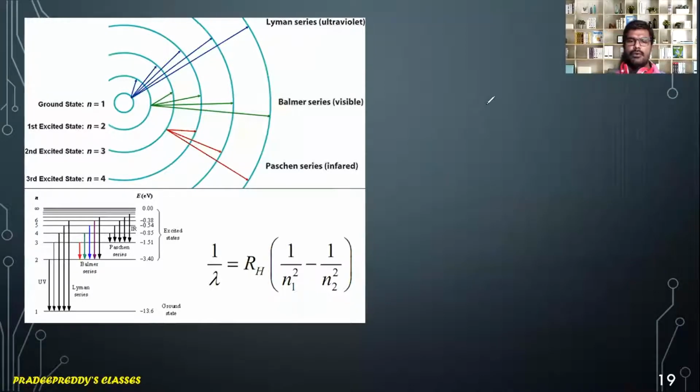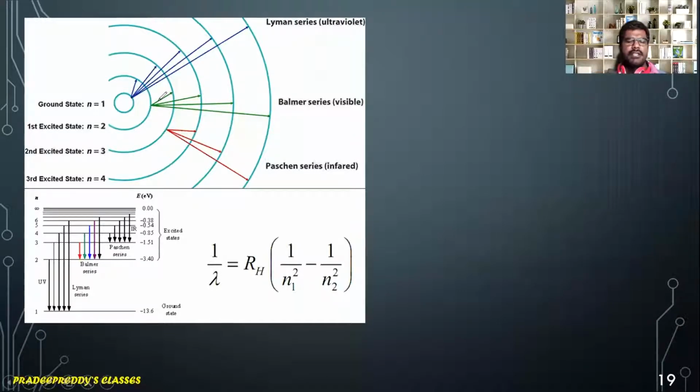So as I already told you, whenever an electron is undergoing a transition from a higher energy level to a lower energy level, it can undergo transition in such a way from n equal to 1 to n equal to 2, n equal to 3, n equal to 4, n equal to 5, n equal to 6, and so on.